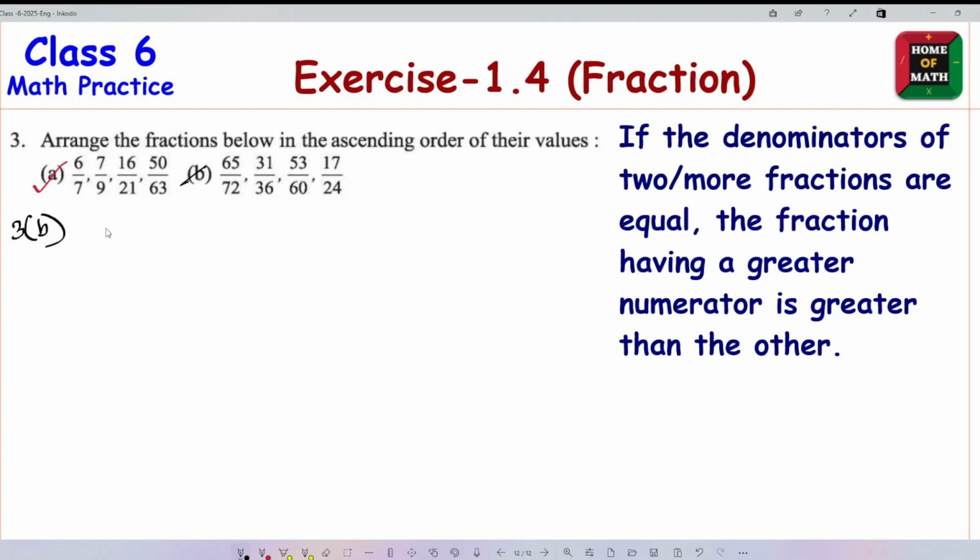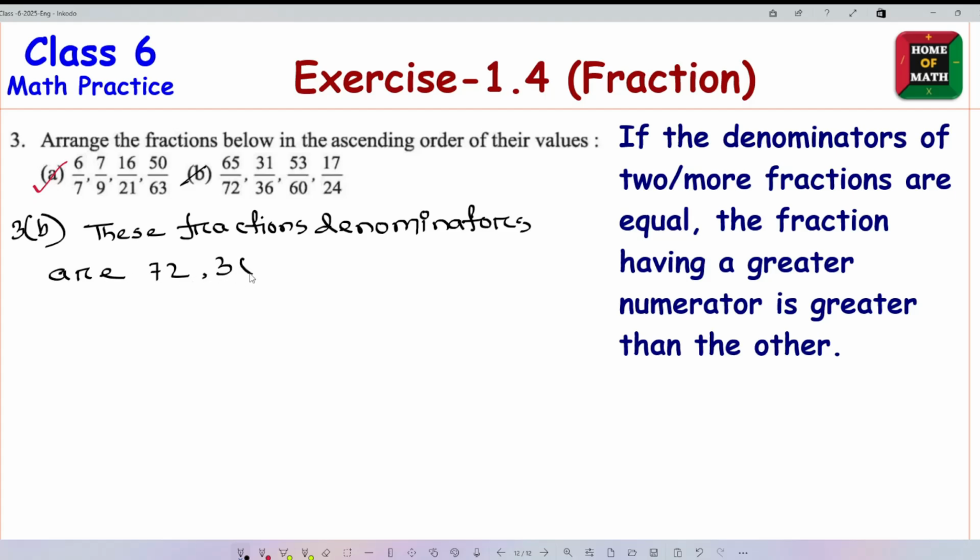So we can write these fractions' denominators: they are 72, 36, 60, 24.